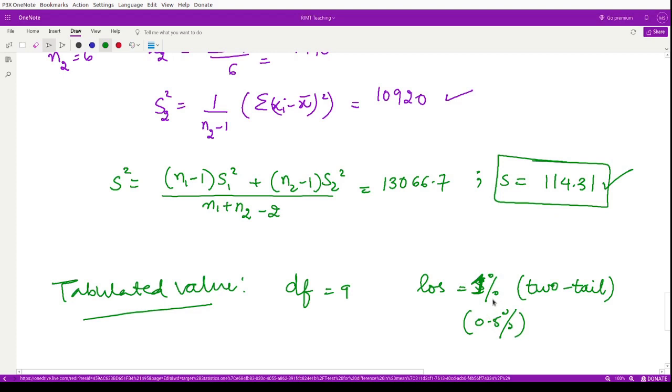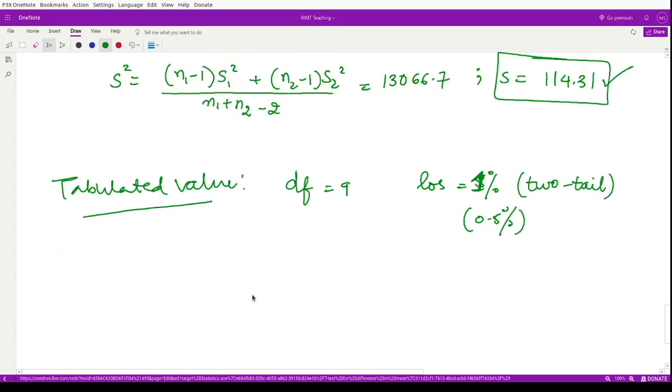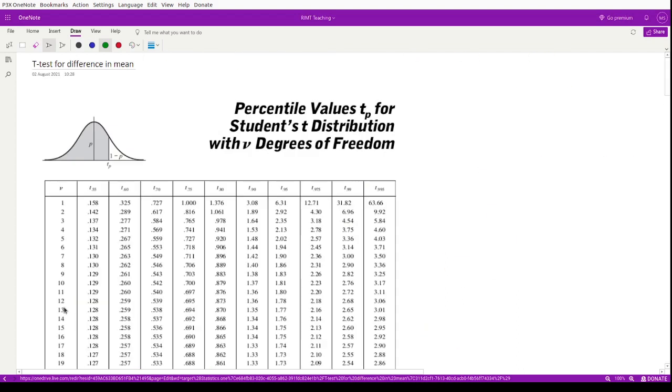So 0.5% level of significance means we will look for the value of t 1 minus 0.005 into 9, that is t 0.995 into 9. So let's have a look. For 9 degrees of freedom, at this level of significance, our value is 3.25.